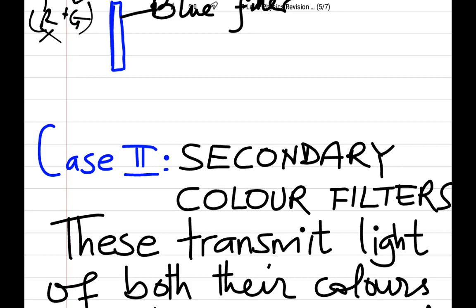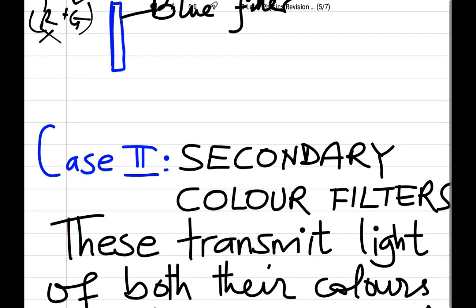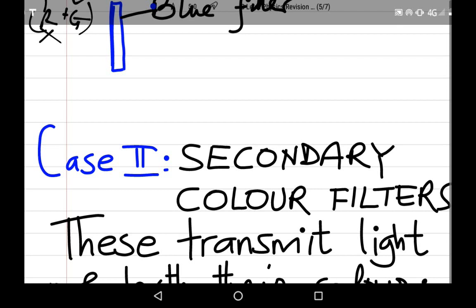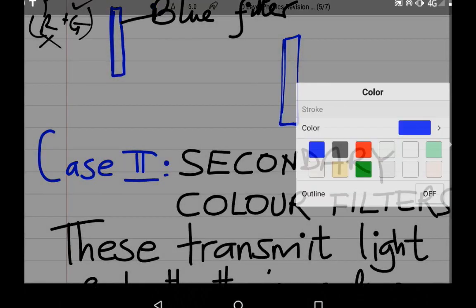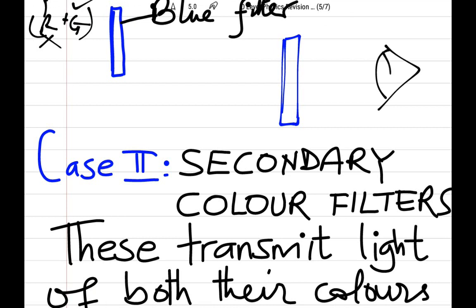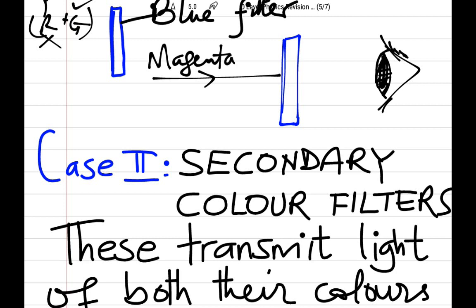Now I ask you, tell me what happens. Here I have a blue filter, and someone's eye is right here. Then there is magenta light incident on a blue filter.